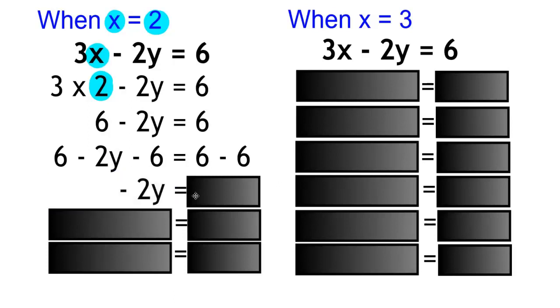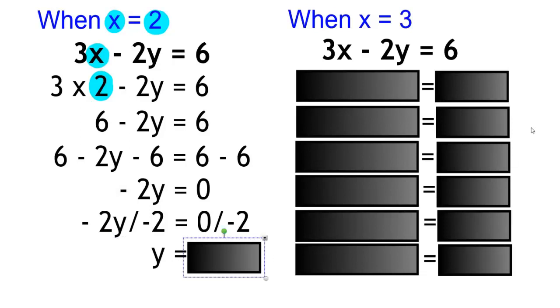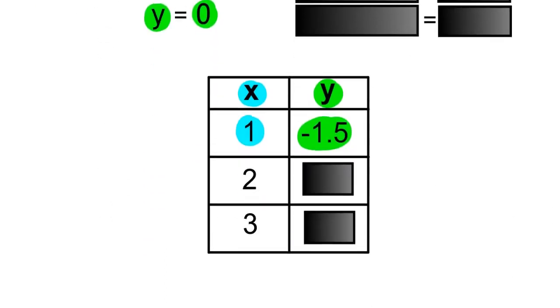The 6's on the left-hand side will cancel, leaving us with negative 2y, and 6 minus 6 is 0. To remove the negative 2 times y, we divide by negative 2. Divide both sides by negative 2. This will give us y is equal to 0. So when x is equal to 2, y is equal to 0. We'll put that in our chart.